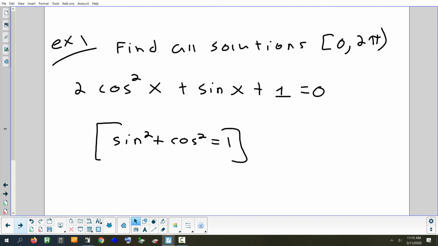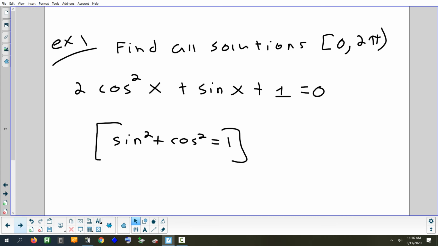First thing we have to do is look at that and decide what it looks like, and if it's close, we got to make it closer. That's close to a quadratic. It's not a quadratic, but it's kind of close. The problem is we have two trig functions that are different.